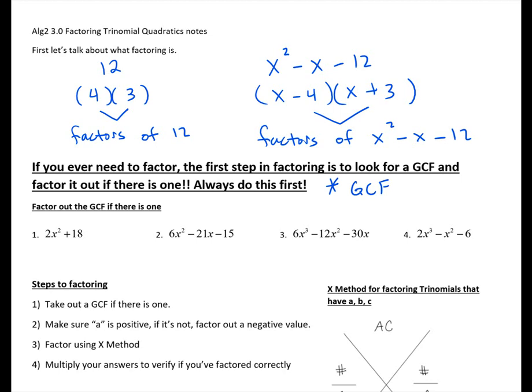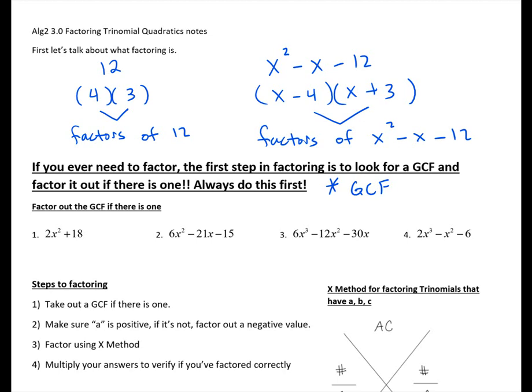So example 1 here, all right, so we need to factor this. So the first step is, okay, let's look for a GCF. Now, the way you take out the GCF or look for one is you're thinking, all right, now we're just focusing on the numbers right now, so ignore the variables. So the 2 and the 18, what's the biggest number you can think of other than 1 that would divide both of these evenly, okay?